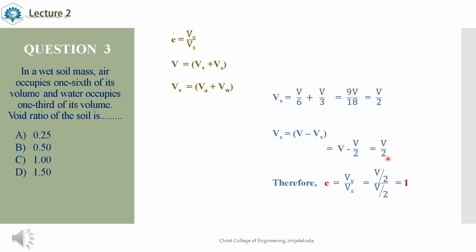Now we are asked to find the void ratio of the soil, and void ratio is given by VV divided by Vs. VV is V by 2, and Vs is also V by 2. So if we take the ratio, we will get void ratio as 1. In our options, option C is 1, and our answer is option C.